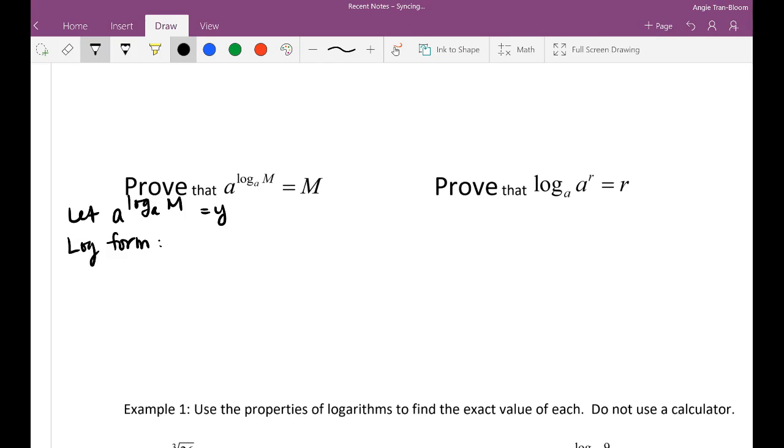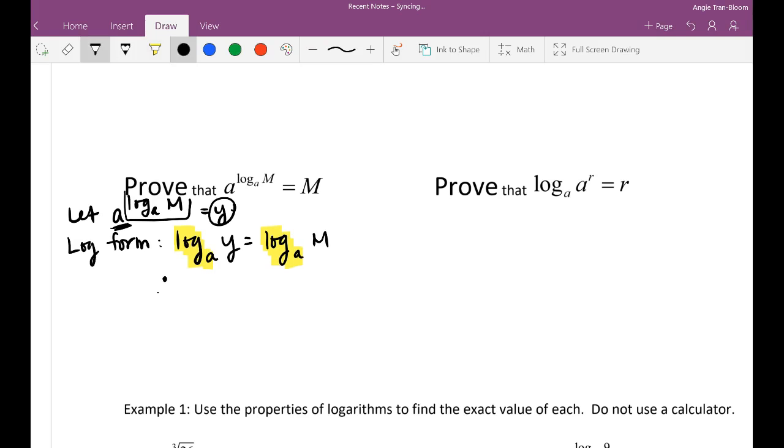So log form says log, this is my base a, of y equals my exponent, which is this right here, log base a of m. Whoa, log base a on the left, log base a on the right, they are identical.